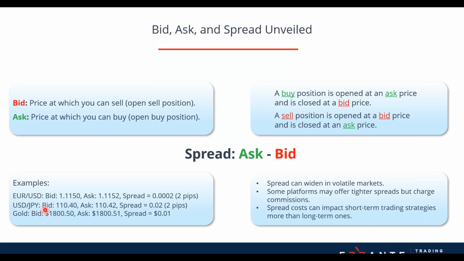And in the case of other types of asset classes like gold, a bid of $1,850 and an ask of $1,851 results in a spread of just 1 cent.